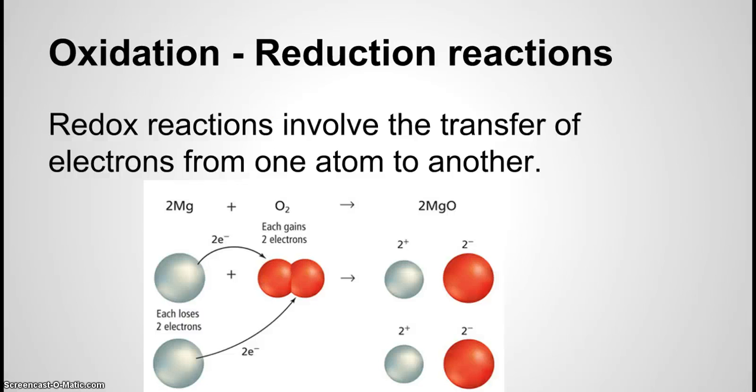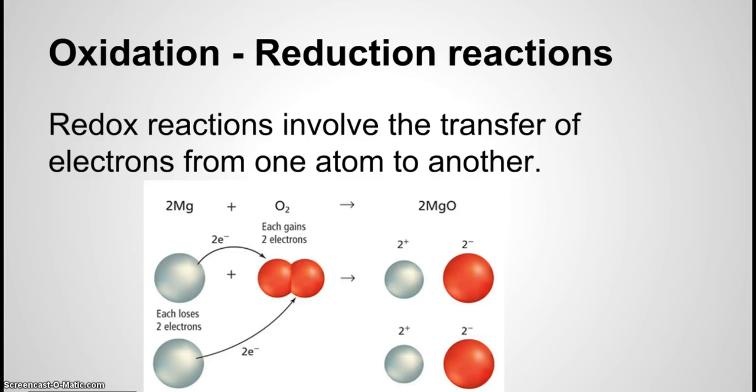So what we have happening here, if we take a look at magnesium reacting with oxygen to produce magnesium oxide, as you can see, this is a synthesis reaction. Two reactants are making one product. The magnesium atoms are losing electrons. The oxygen atoms are gaining electrons.